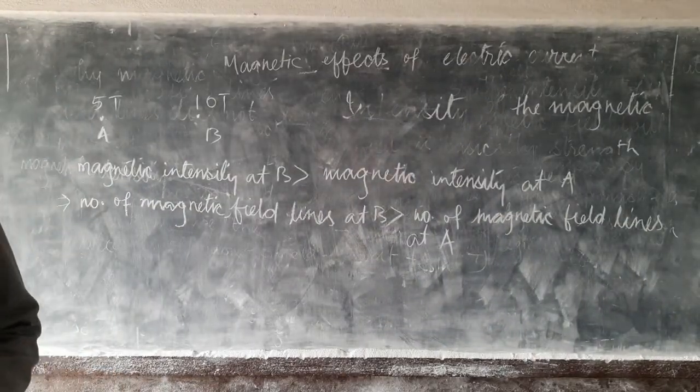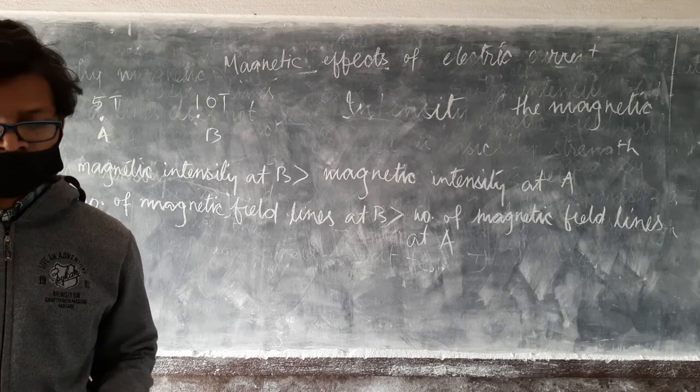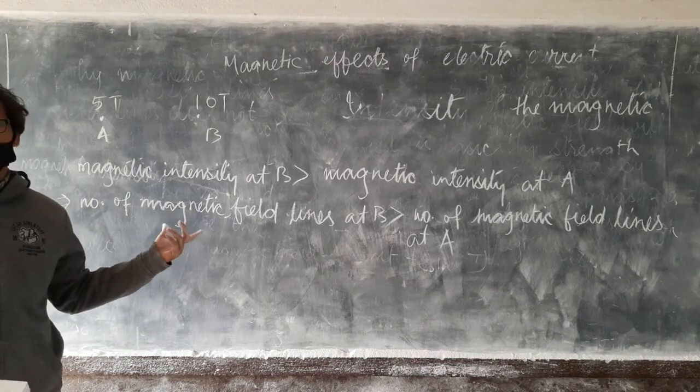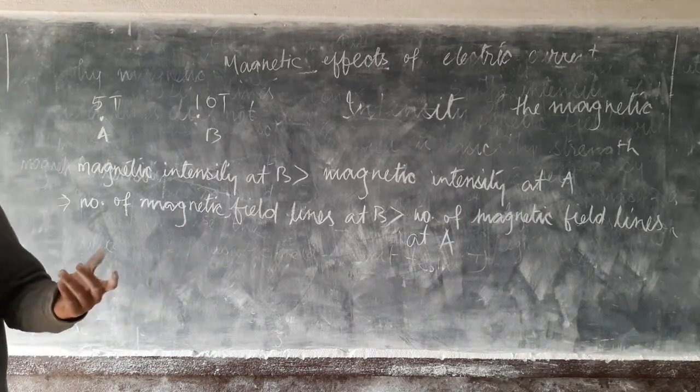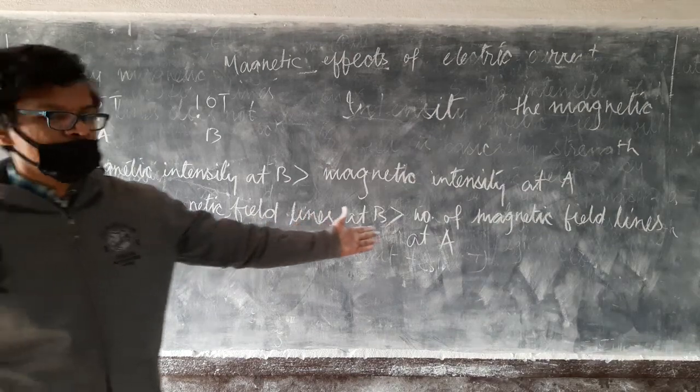If intensity is more, that means number of magnetic field lines at that point will be more. If number of magnetic field lines is more, that means they will be more dense, or they will be more close as compared to at this place.